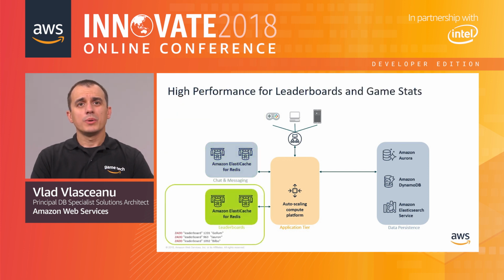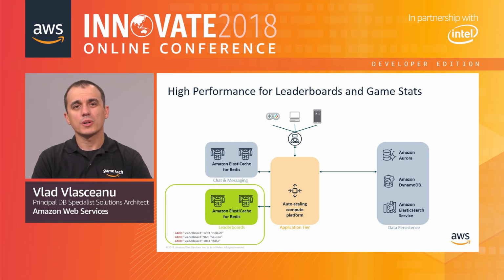Most gaming companies use Redis also for leaderboards. Redis has a dedicated data structure called a sorted set. What that data structure does is, on insertion, Redis actually inserts the records in the proper order, so that on retrieval, it's already sorted, removing some of the processing that overall happens.